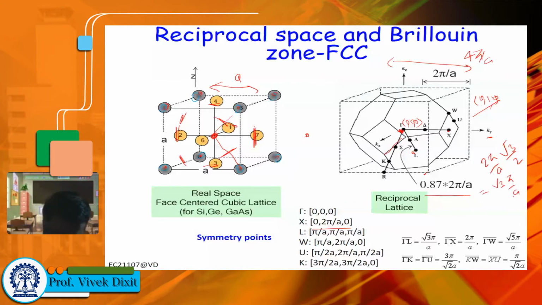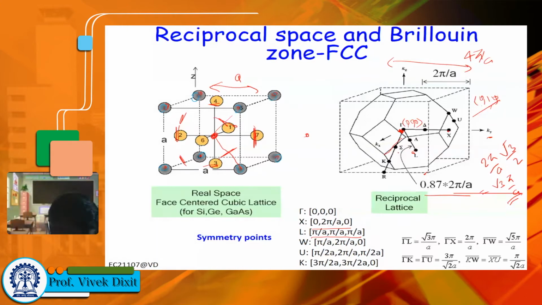So for L, the length of L is root 3 pi by a, right? So now this root 3 pi by a is along the diagonal, right? So if you take the x, y, z components, you will get pi by a, pi by a, pi by a, right? And the length will be root 3 pi by a.